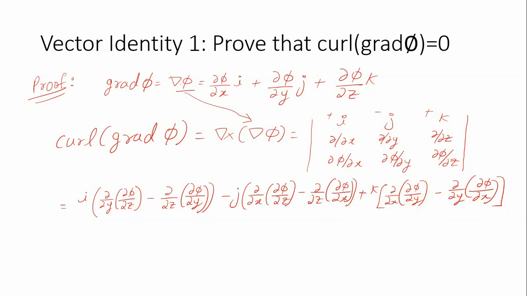Is it clear, students? Now here you can simplify this one by one. So I will write it in this way. i into, dou into dou is going to become dou square phi.